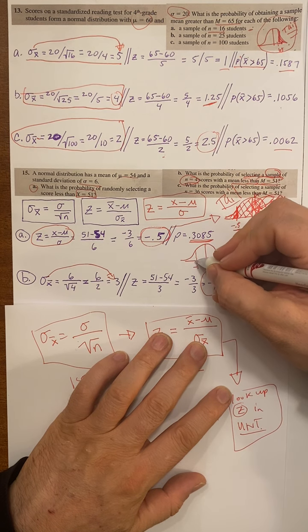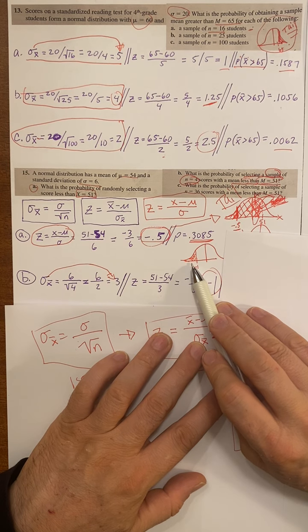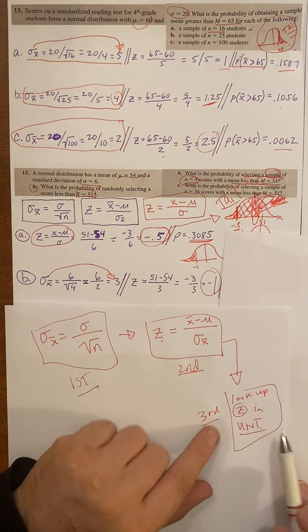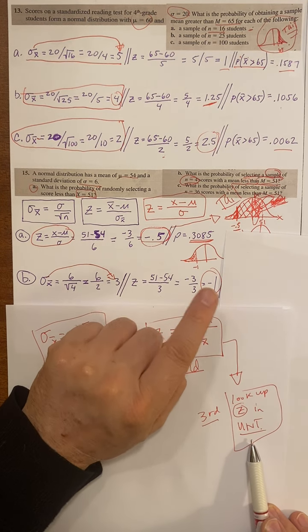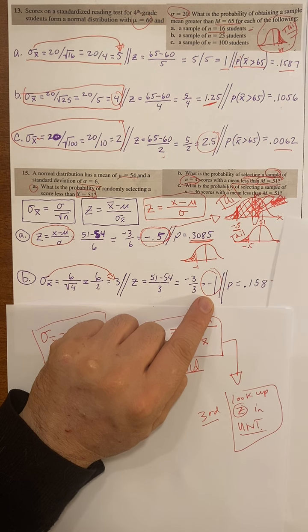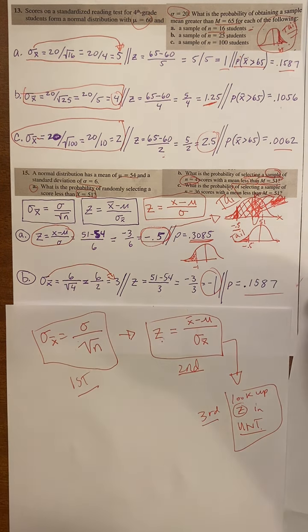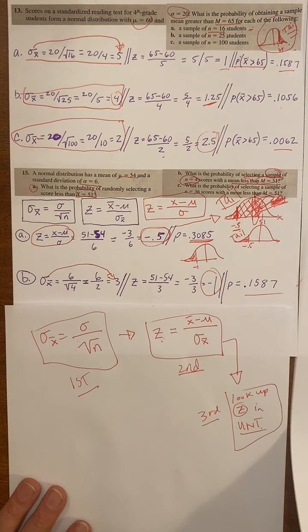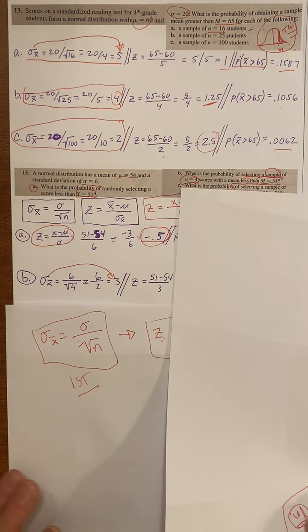Right, so if it's less than that, it's going to be that section of the curve. That's the tail section. So what am I going to do? I'm going to go to my unit normal table. I'm going to look up that z of 1, and I'm going to write down whatever is in the tail section of that. That's that 0.1587.